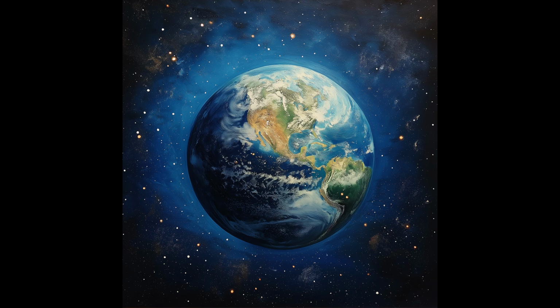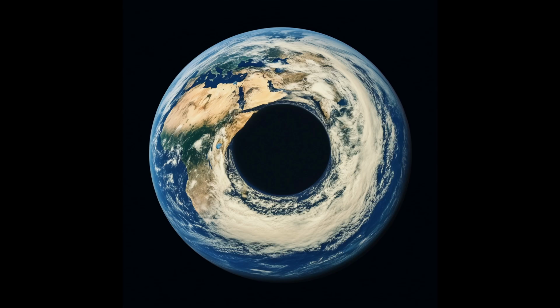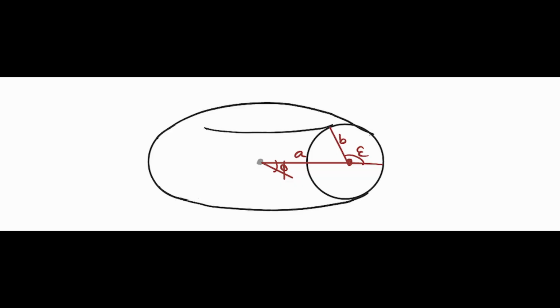However, there is a third geometry, one that surpasses even the spherical Earth theory and trumps the feeble minds of the flat earthers. Toroidal Earth theory. Toroids are defined in terms of their average radius a, cross-sectional radius b, horizontal angle phi, and cross-sectional angle epsilon.